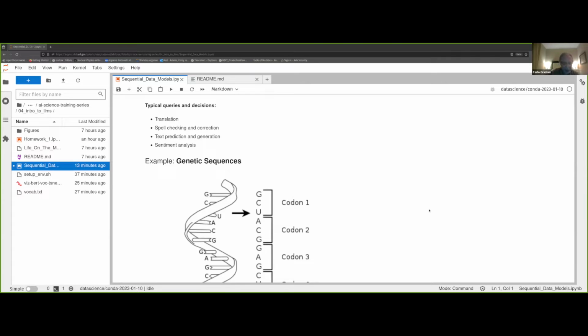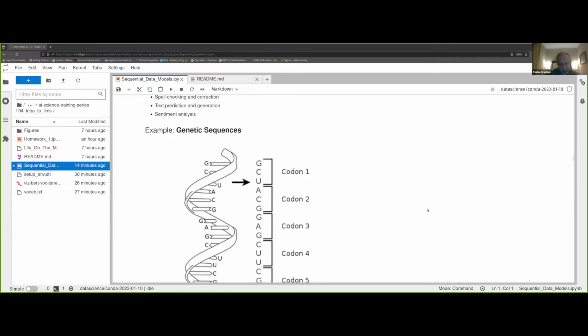Nowadays, that's done much more efficiently than Clippy used to do it. Text prediction and generation, which is what we were doing earlier. And sentiment analysis, which is companies often would like to know automatically if someone writes a piece of text, if that text represents a lot of happy, warm, positive feeling, or neutral feeling, or a lot of angry, ranting, negative feeling. So that kind of classification of text is also very important.